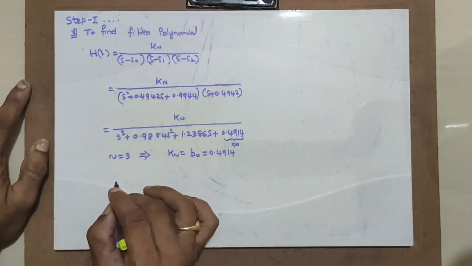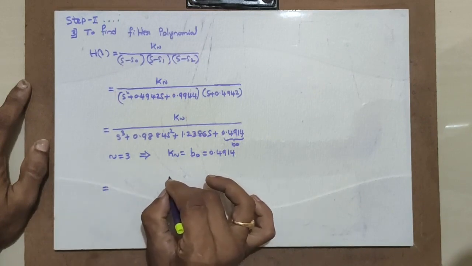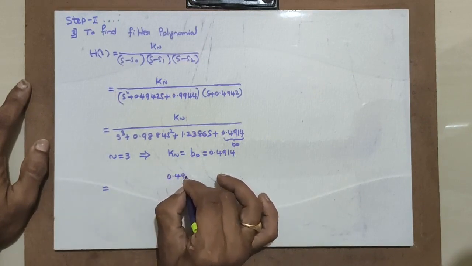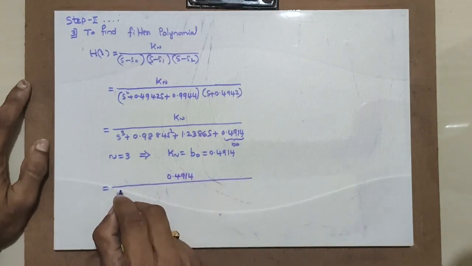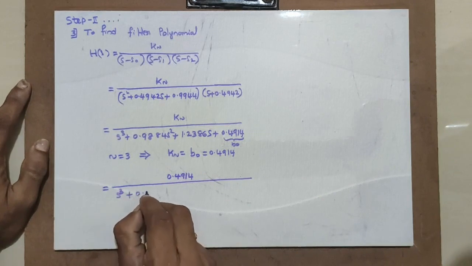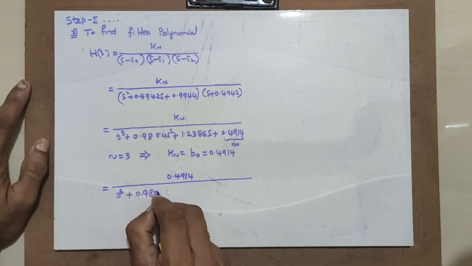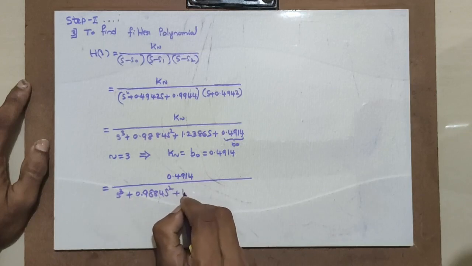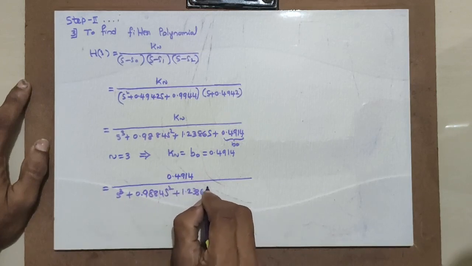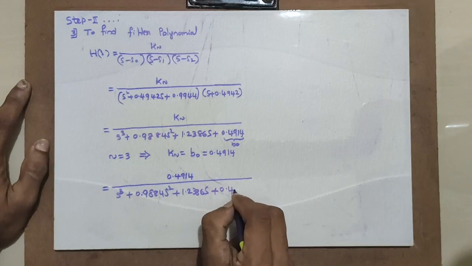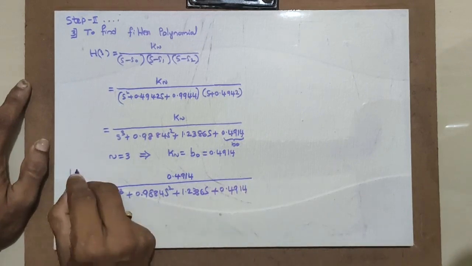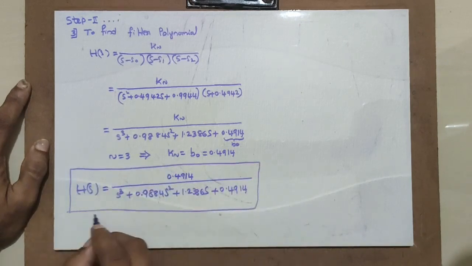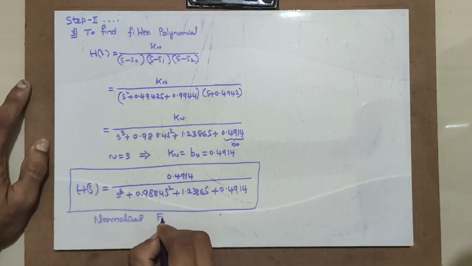Hence, I shall substitute this Kn value: 0.4914 whole divided by s cube plus 0.9884 s square plus 1.2386 s plus 0.4914. This is what H of s is. This we call the normalized filter polynomial.